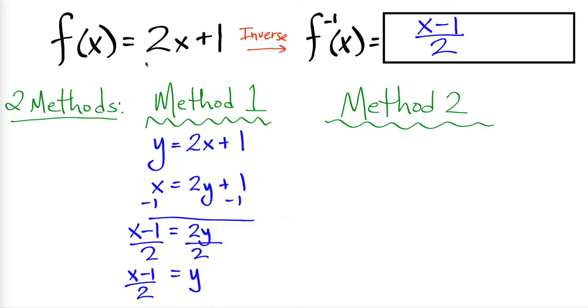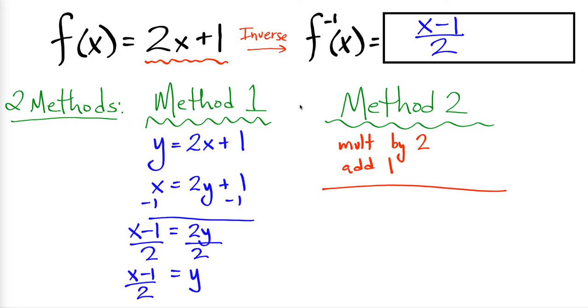So if I look at 2x plus 1, what's the first thing that's being done to the x? If I put a number in place of x, what's the first thing I do? Multiply by 2. And then the second thing I would do is add 1. Well, the inverse is going to be the reverse steps.